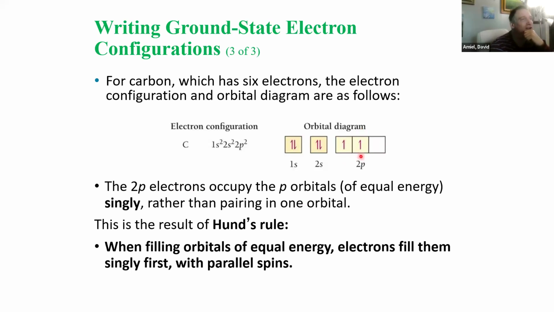You put the second electron spin up in the py orbital. When filling in orbitals of equal energy, electrons fill singly first with parallel spins. So these could both be spin down. It doesn't matter as long as they are parallel. You just couldn't put the second electron in the px.